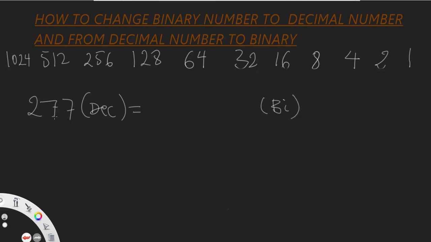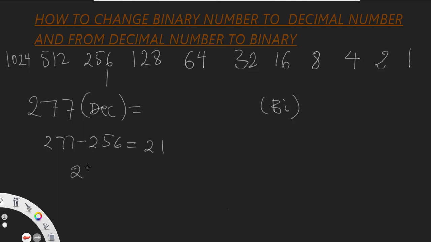You can see 277 is greater than 256. So we say 277 minus 256. So the answer is 21. Then we put 1 over there.